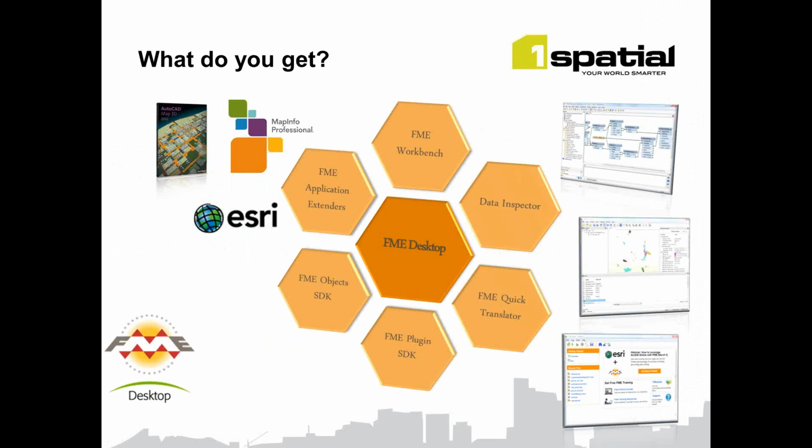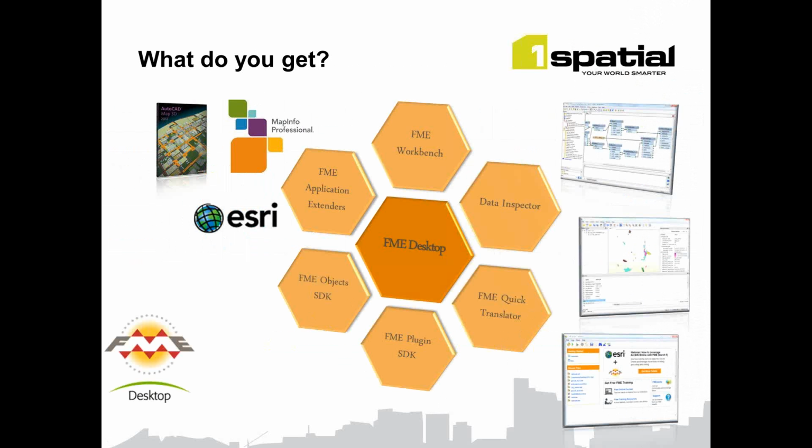The applications that you get with FME Desktop, the main event really is FME Workbench. It's where you carry out and create your FME processes. But you generally want to have a look at your data, so the Data Inspector is useful for that. Being able to carry out quick translations and run other people's processes is pretty useful, and that's possible using a tool called the Quick Translator. There are some plug-in SDKs available that allow you to build your own applications with FME under the bonnet.